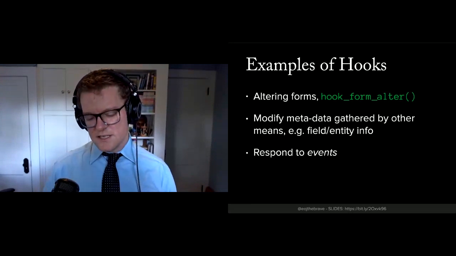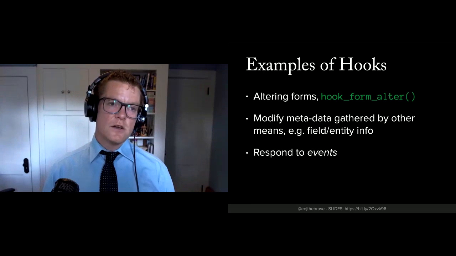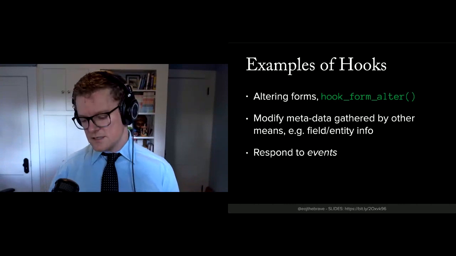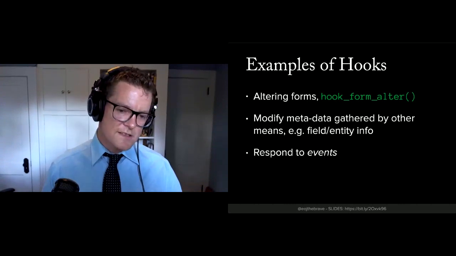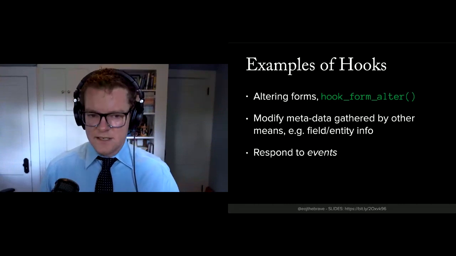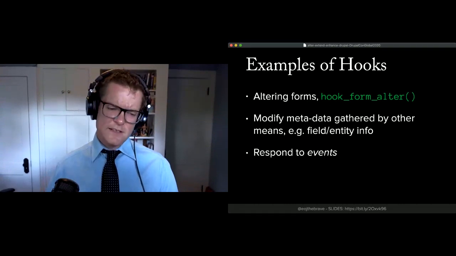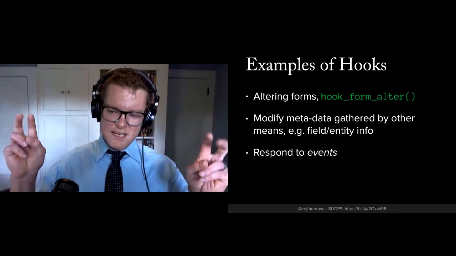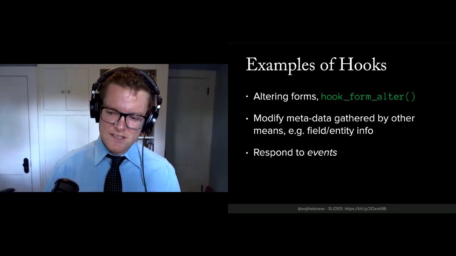So your module could say, for article node, use my article node specific class that extends the base node entity and adds some custom logic that I have. You could do something like that with a hook. And finally, hooks respond to what are typically events like save. This is being saved. Do you want to do anything about it?